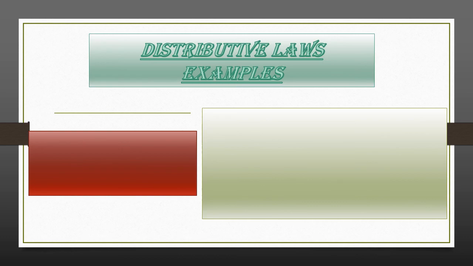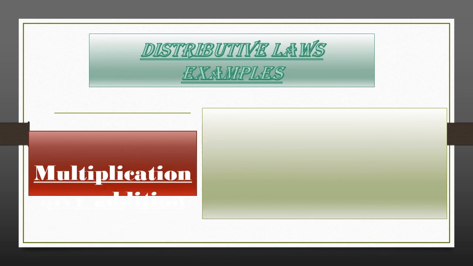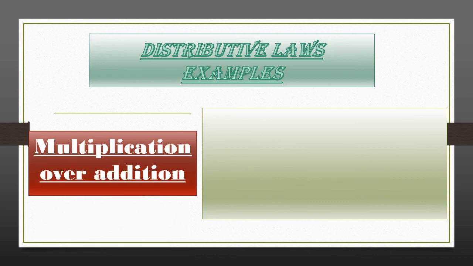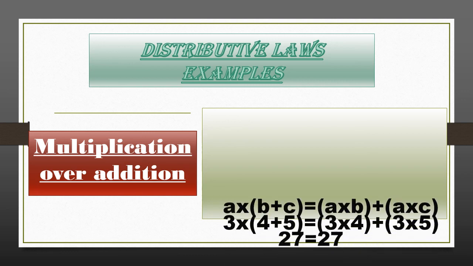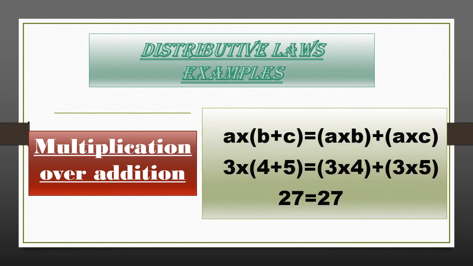Consider the following example in the distributive law. First, we discuss the multiplication over addition example. Suppose we have three numbers, A as 3, B as 4, C as 5. Now put these numbers in the multiplication over addition property.